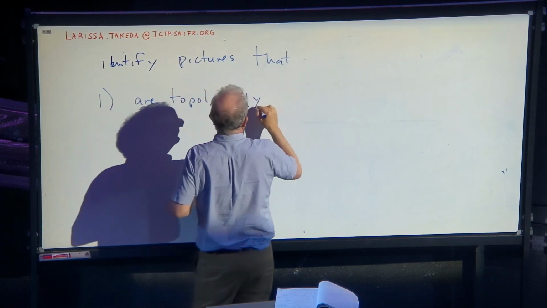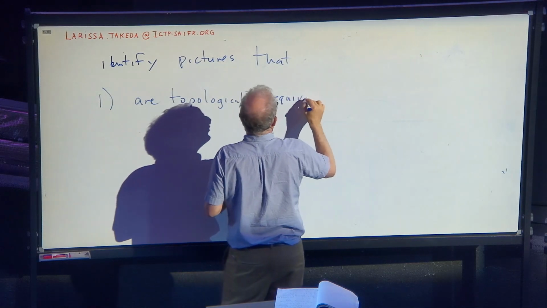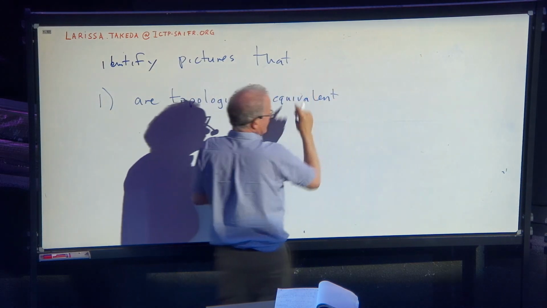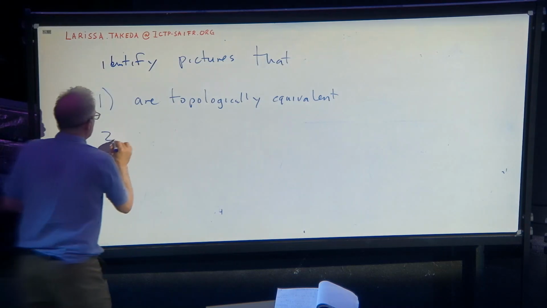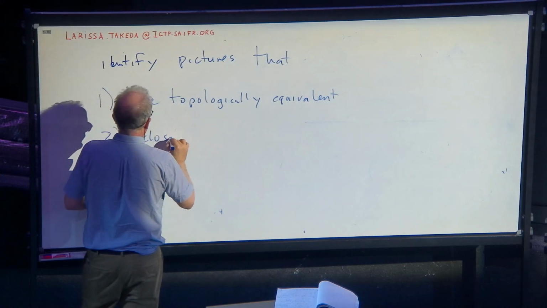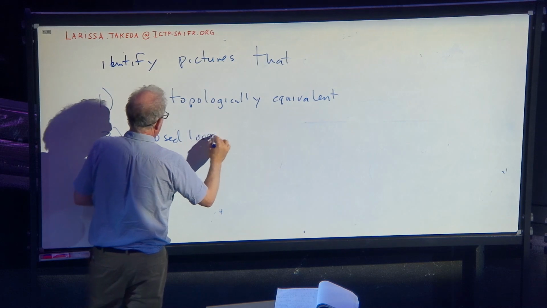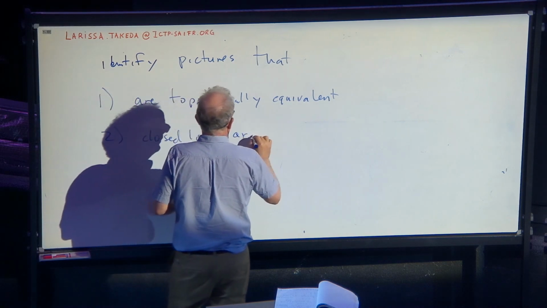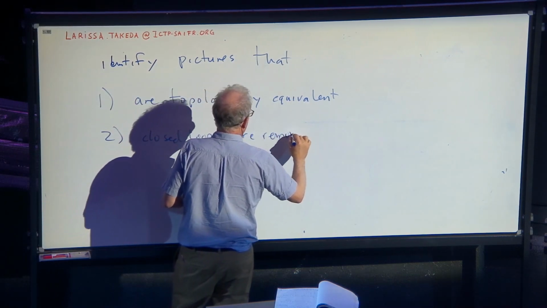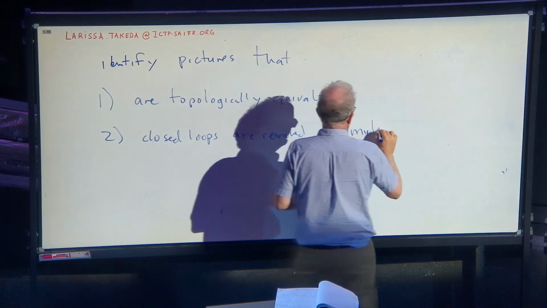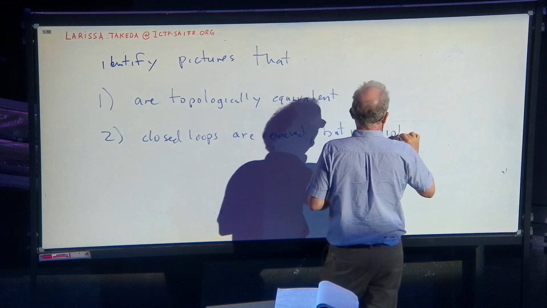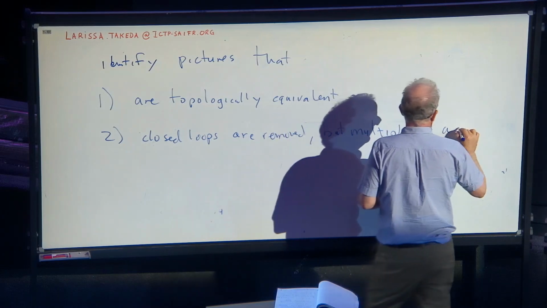So topologically equivalent means I can deform one to the other without cutting or doing anything like that. And 2, closed loops are removed, so it's not quite identified, but you have to multiply by a weight.